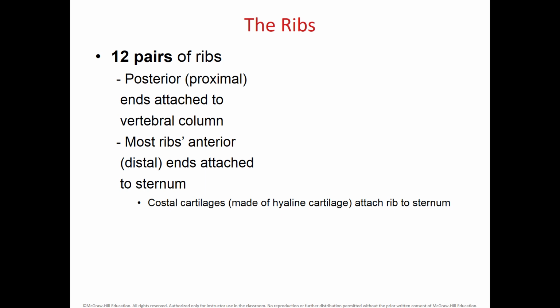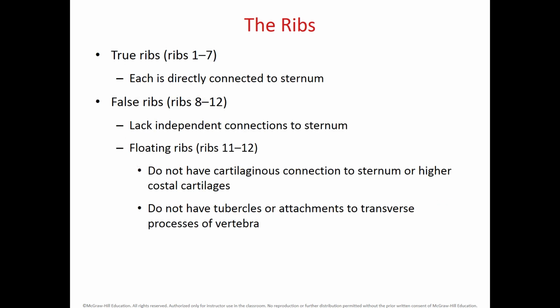Now, most ribs have an anterior end from ribs 1 through 10, and part of these ribs attach to the sternum, directly or indirectly. Now, this connection happens by a costal cartilage that is made of hyaline cartilage.